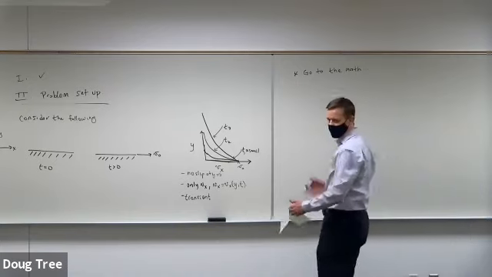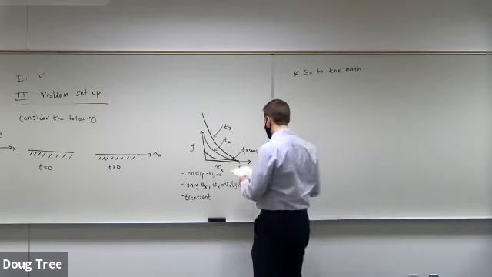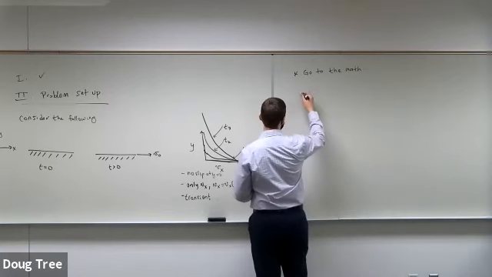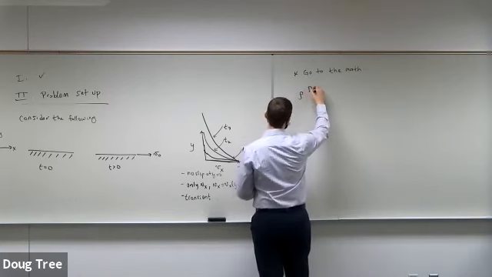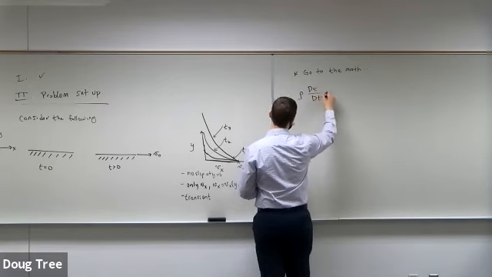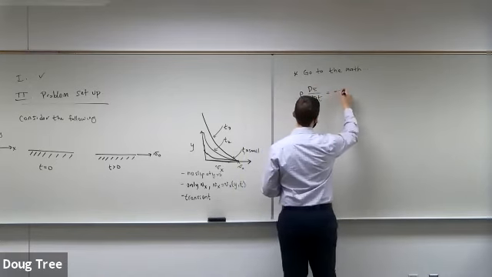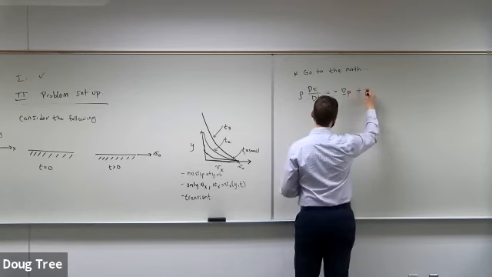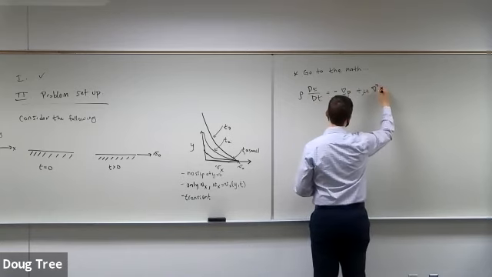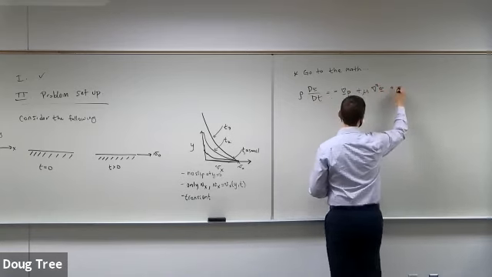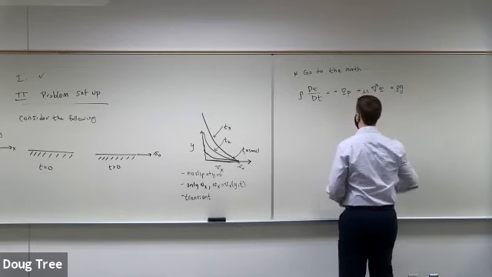I don't want to go back and do the balance; we've done a lot of those. We can just start at the Navier-Stokes equation: rho dv/dt equals minus grad p plus mu grad squared v plus rho g.